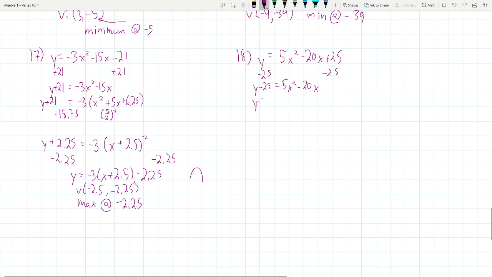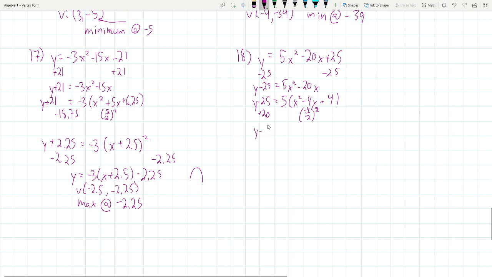Factor out the 5, so y minus 25 equals 5 times x squared minus 4x, plus, we're going to add something on, so negative 4 divided by 2 squared. Negative 4 divided by 2 is 2. 2 squared is 4. But when I move it over here, I have to multiply it by 5. So 4 times 5 is 20.